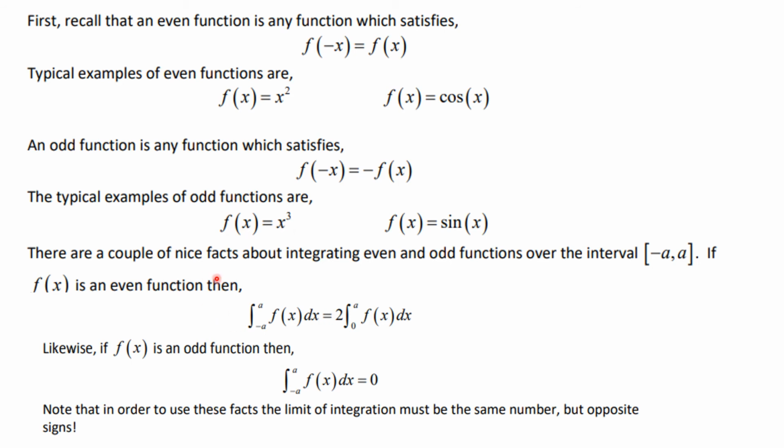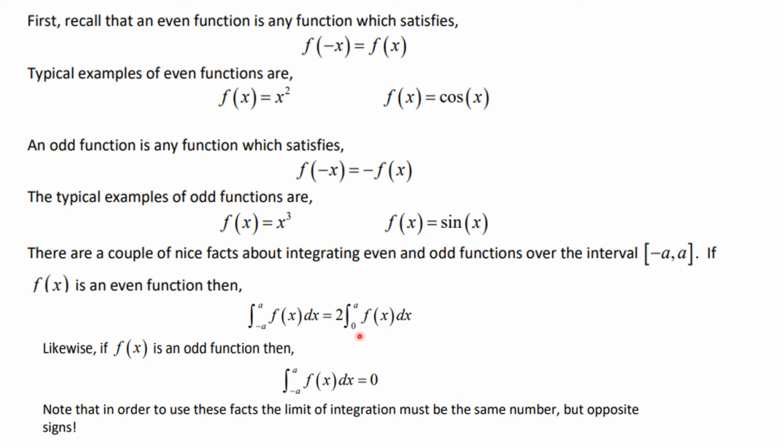Now, there are some nice facts that help you when you're integrating even and odd functions over an interval going from minus a to positive a. So if f is an even function, then the integral from minus a to a of f of x dx is twice the value of the integral from 0 to a of f of x dx.